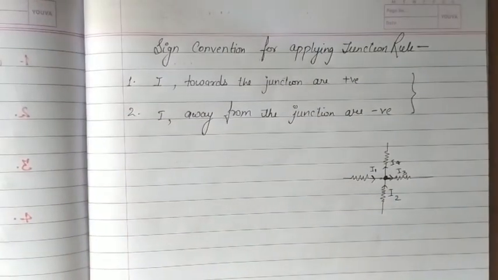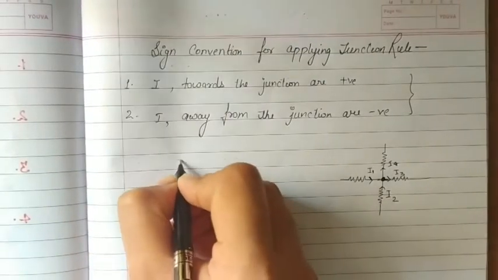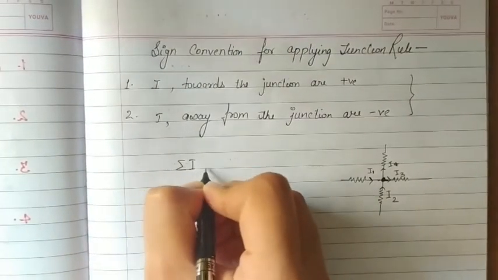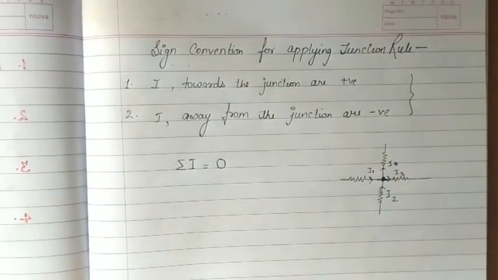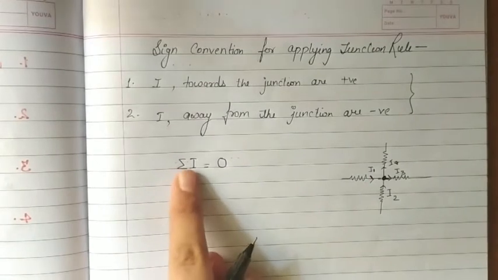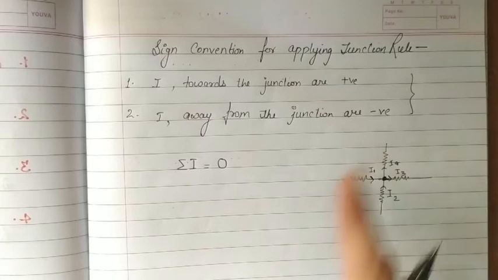So according to Kirchhoff's law, the algebraic sum of the currents at any junction is 0. So what we are going to do is take the algebraic sum of all these currents at the junction and put it equal to 0. This algebraic summation I consists of the algebraic sum of I1, I2, I3 and I4.